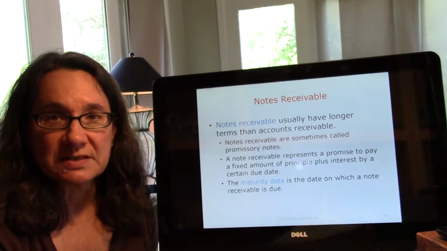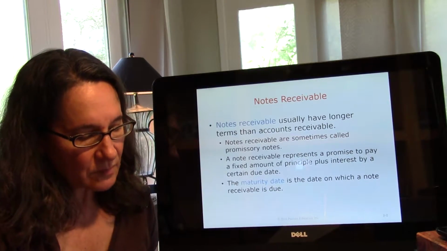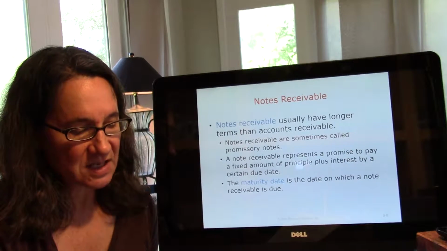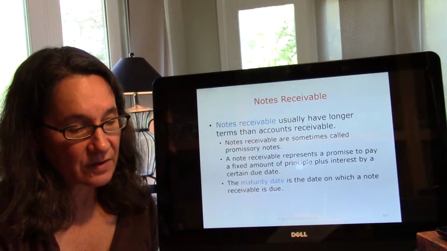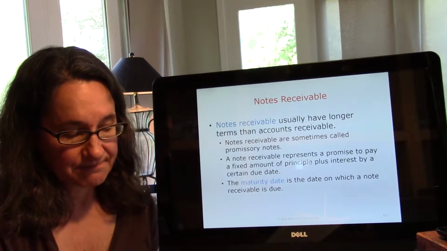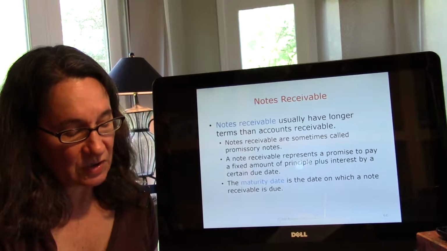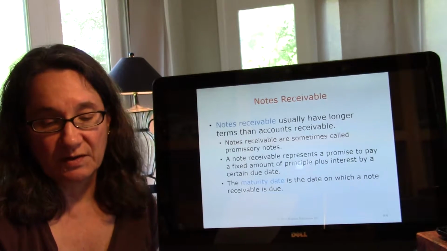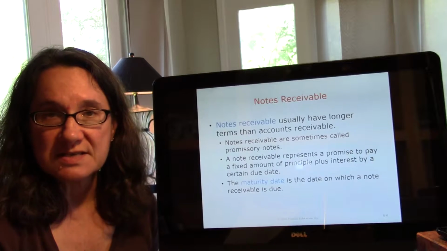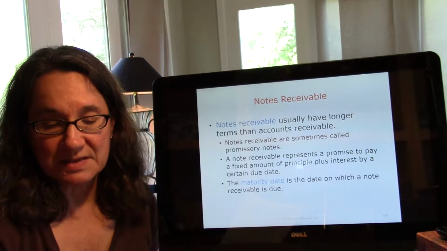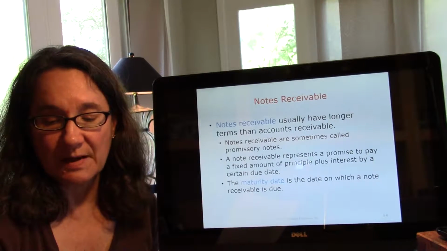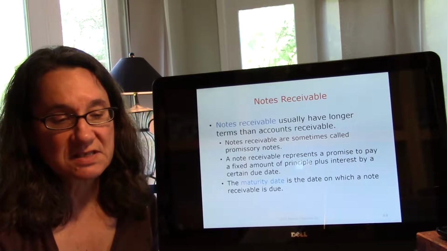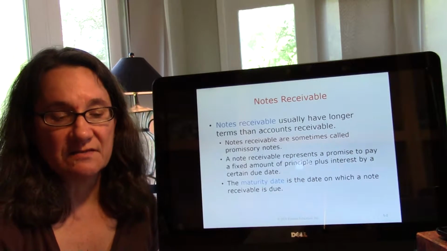What's another kind of receivable? Well, there's a note receivable. Notes receivable arise when a company loans money to its customers or another individual or business. Notes receivable usually have longer terms than accounts receivable. A note receivable is a written promise that a customer will pay a fixed amount of principal plus interest by a certain date in the future.